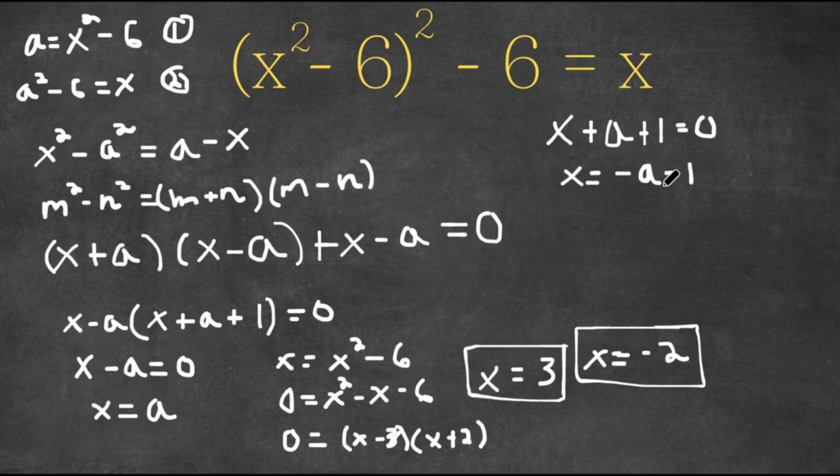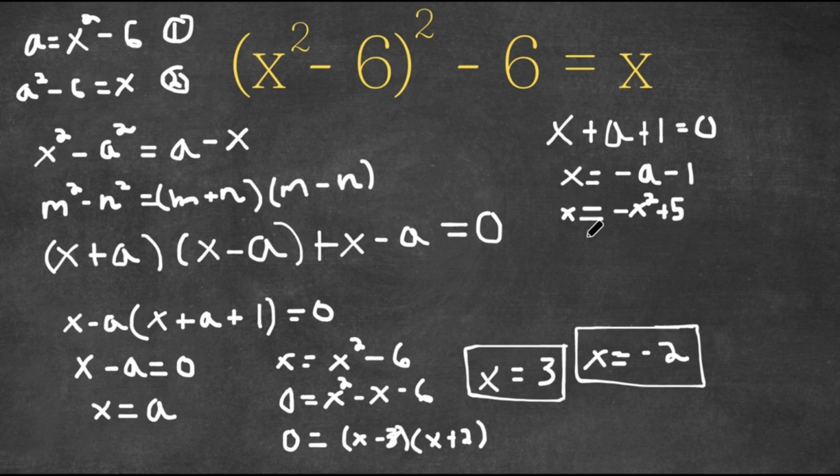I'm going to plug in a. a is x² − 6, so x is equal to negative 1 times (x² − 6), which is negative x² plus 6, minus 1, and 6 minus 1 is 5. So we have negative x² plus 5.